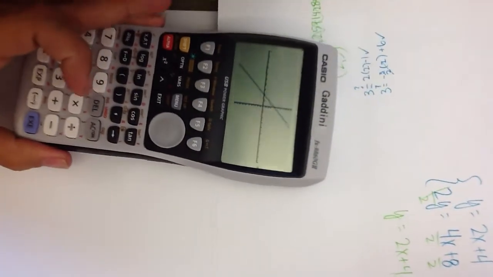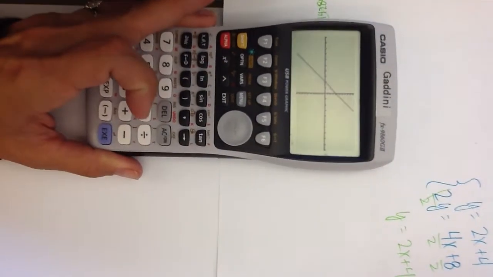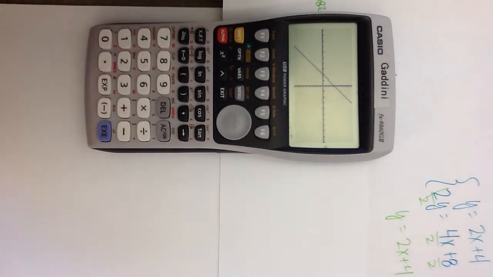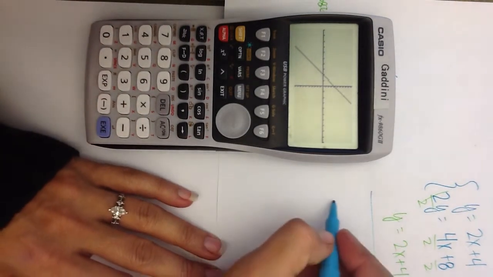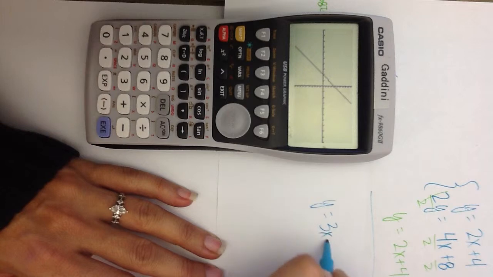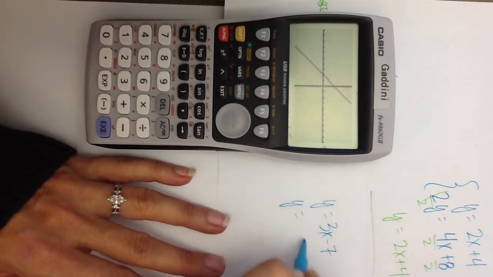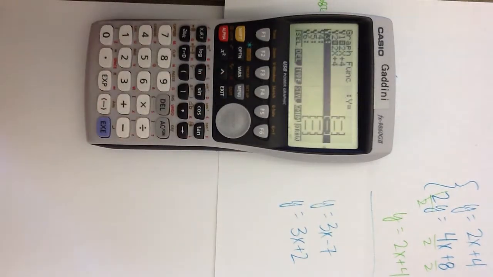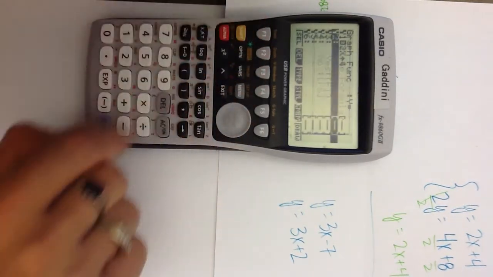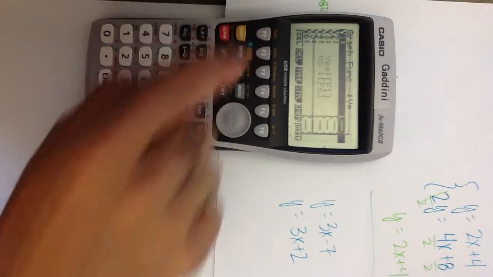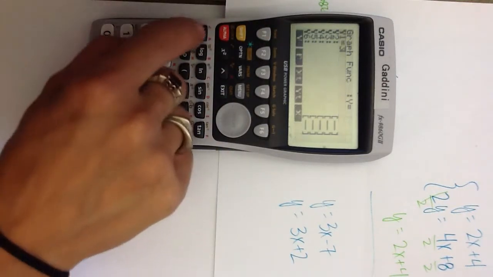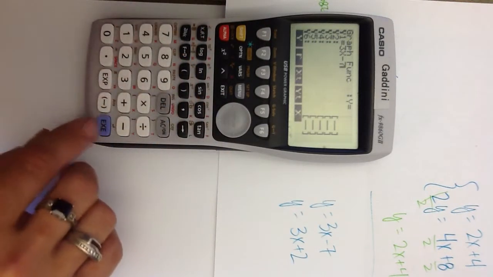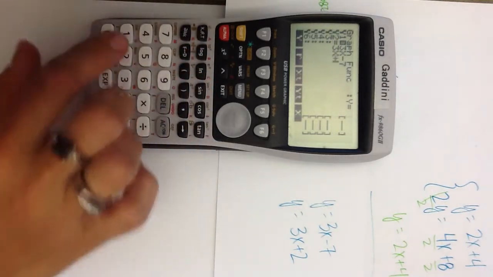Now, one more special case before you tune out. Let's say I've got y equals 3x minus 7 and y equals 3x plus 2. So I'm going to exit out of my graph and delete what I've previously typed by F2 and F1, and I'm going to type 3x minus 7 and 3x plus 2.